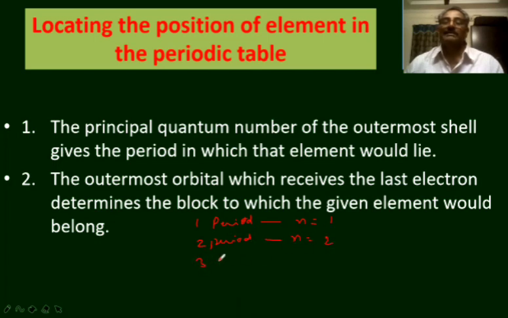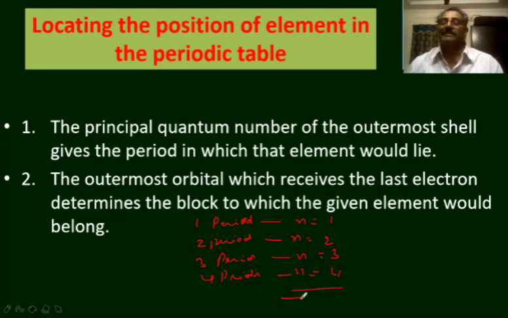For all the elements in the third period, the principal quantum number of the valence electron is 3. In the fourth period elements, the principal quantum number of the valence electron is 4.